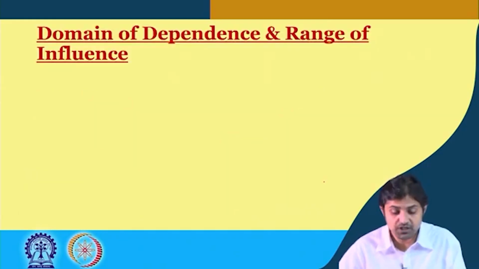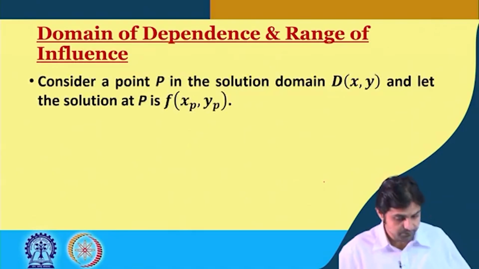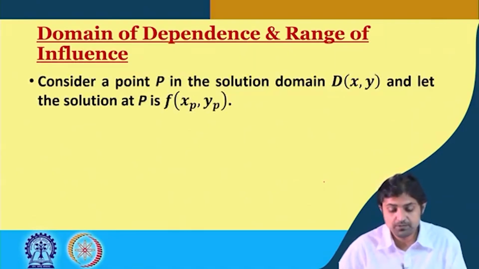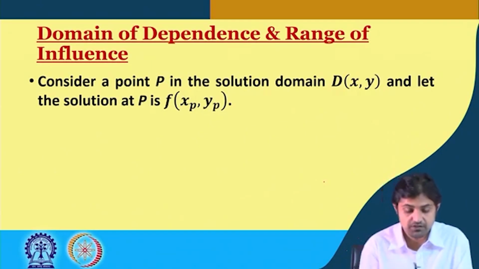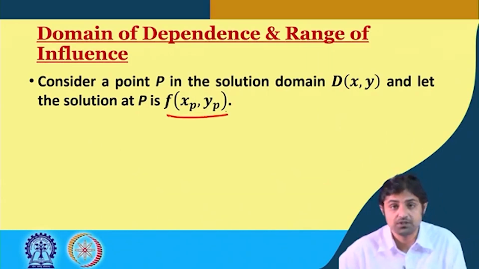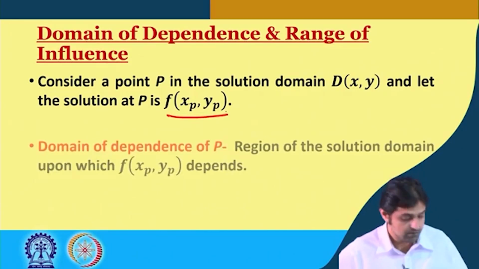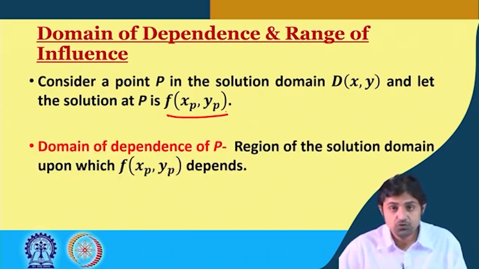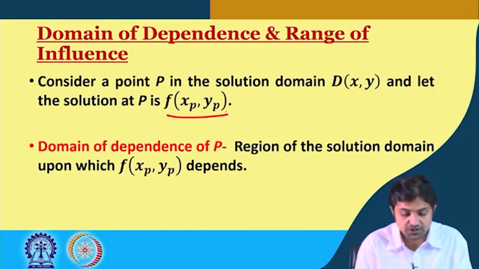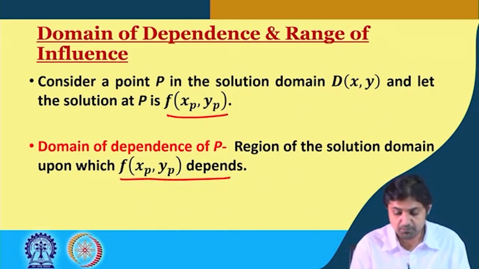Now, going to domain of dependence and range of influence. If we consider a point P in the solution domain, and let the solution at that particular point P be f(xp, yp), then the domain of dependence of P is the region of solution domain upon which f(xp, yp) depends, all right.